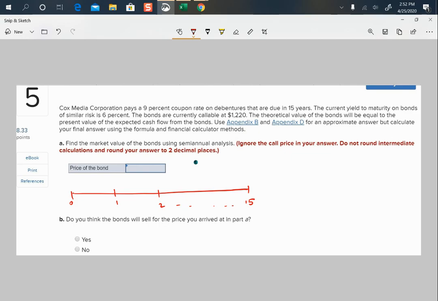Now remember, this bond is paying interest every 6 months, all the way to year 15. So the question is, how much is the cash flow? There are two cash flows with the bond. There's one cash flow that's due at maturity, and there's another cash flow which is basically the interest payment.